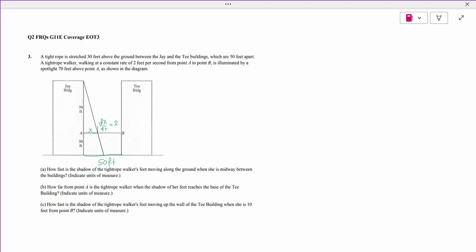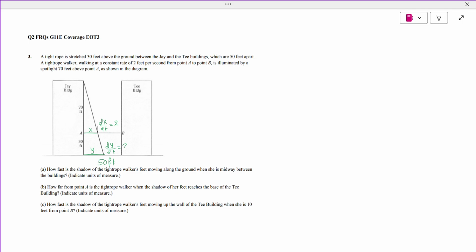If we call this one here y, we need to find dy over dt. This is what we need to find in part A.